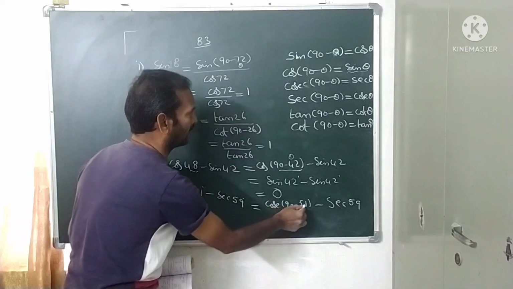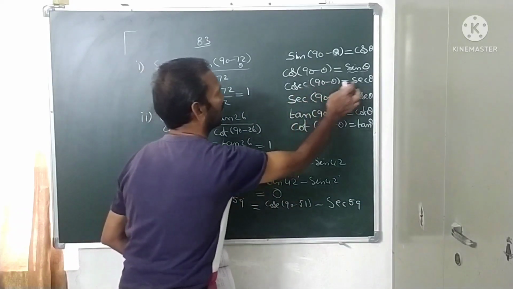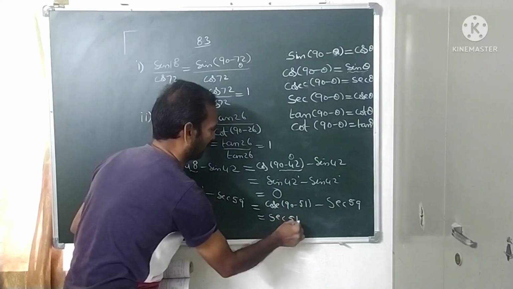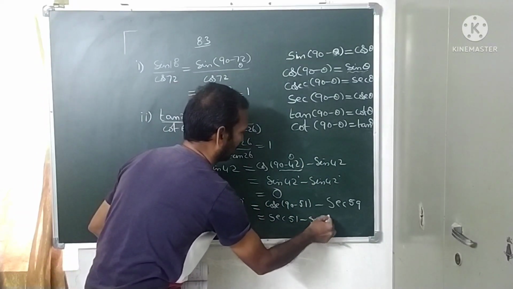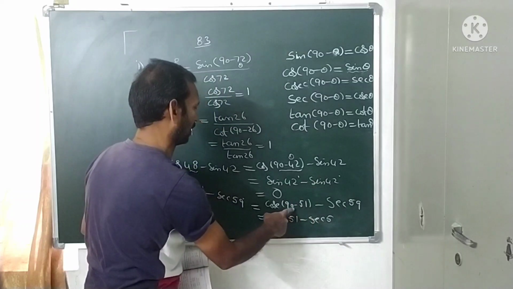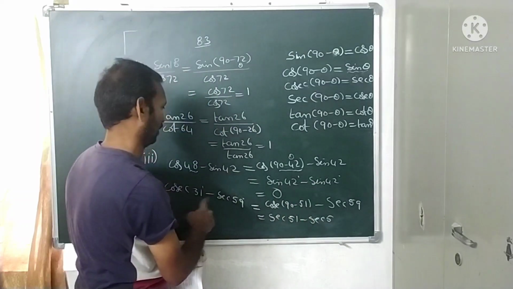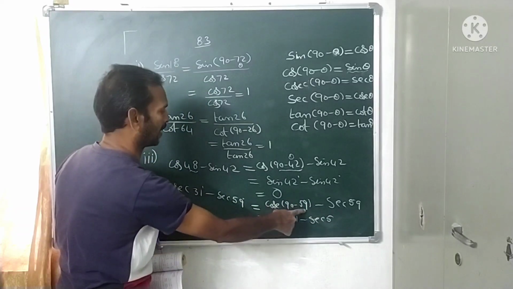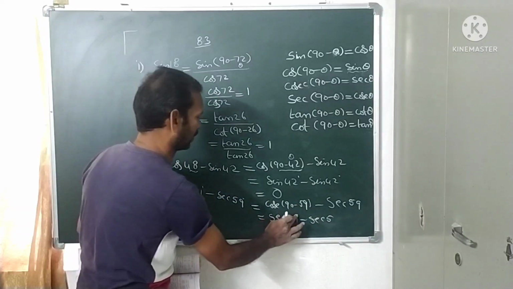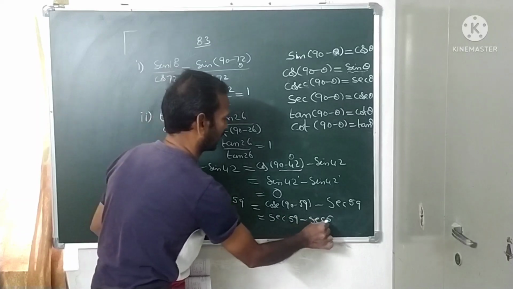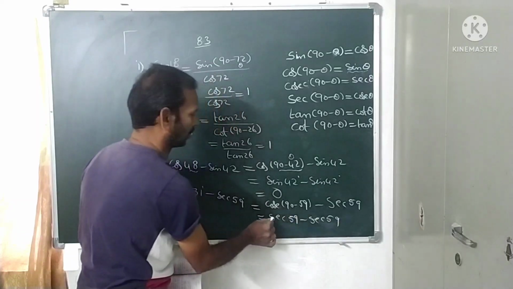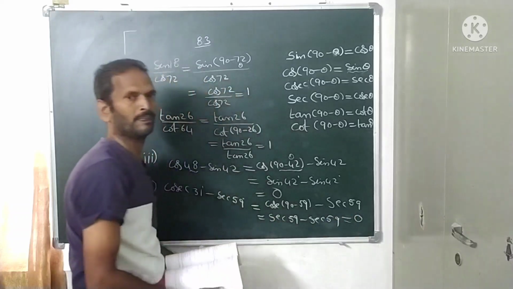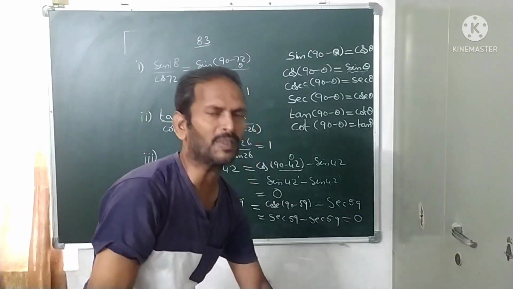Cosec of 90 minus theta is sec theta, so sec 59 minus sec 59, which is equal to 0. So when you change only one term, it is easy to get the answers.